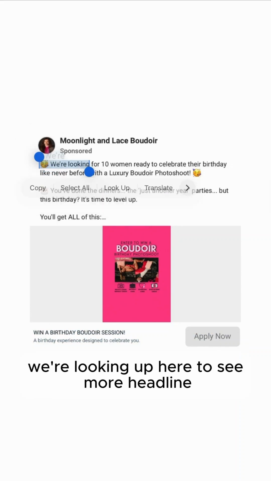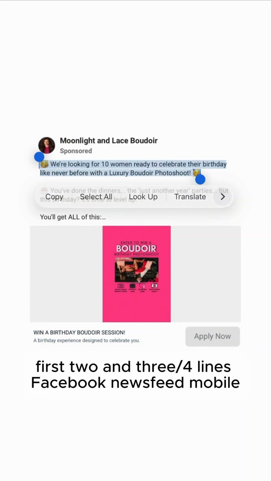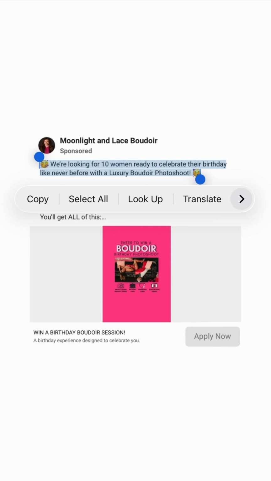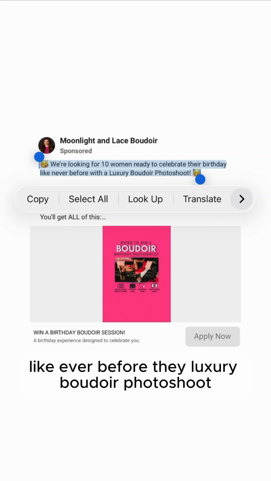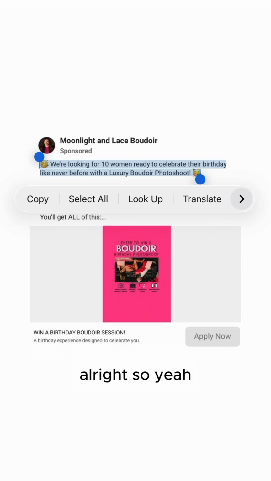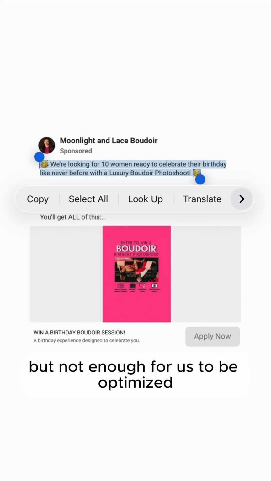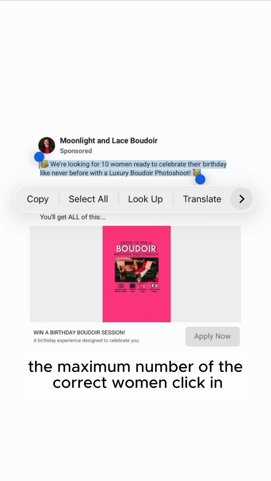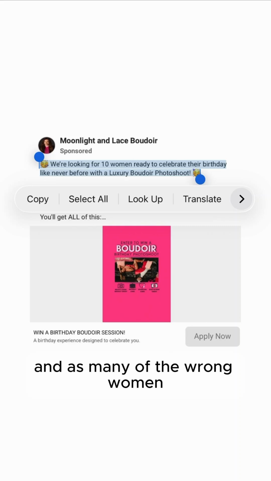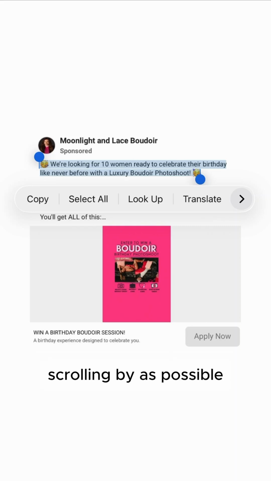Finally, we're looking up here to see the headline. First 2 3/4 lines, Facebook newsfeed mobile. So let's say we look for 10 women ready to celebrate their birthday like or before the luxury boudoir photo shoot. All right, so yeah, lack of context mistake here. We've got a few context points, but not enough for us to be optimized, having the maximum number of the correct women click in, and as many of the wrong women scrolling by as possible.